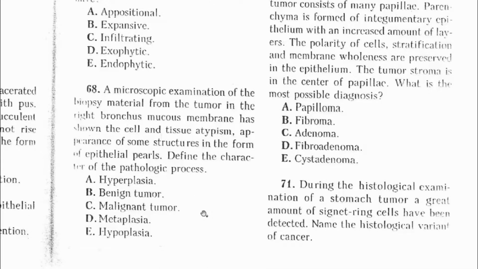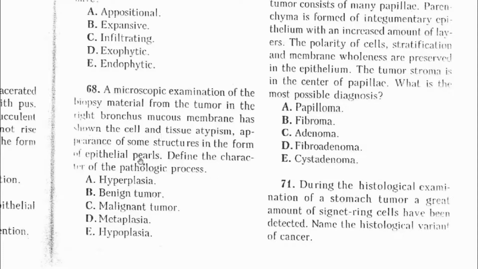68. A microscopic examination of the biopsy material from the tumor in the right bronchus mucous membrane has shown cell and tissue atypism, that is tumor, and the appearance of some structures in the form of epithelial pearls. Define the pathological process.